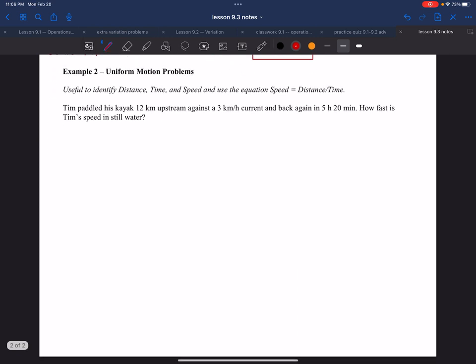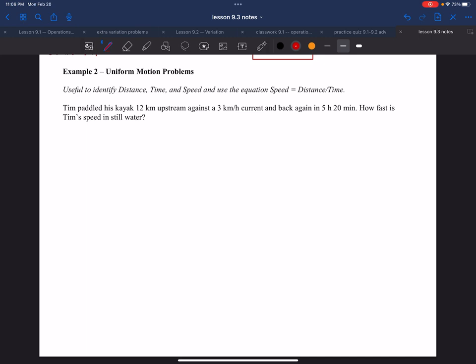Okay, example 2, uniform motion. So uniform motion is just the idea that an object's traveling on a linear path. It's traveling in a straight line somewhere, ideally at a constant velocity or speed. Now, it's not super necessary for it to be totally constant, because that's not realistic.